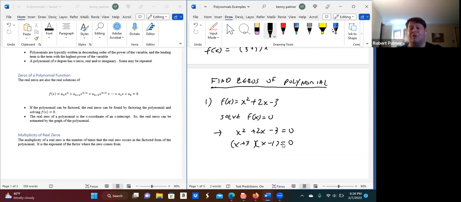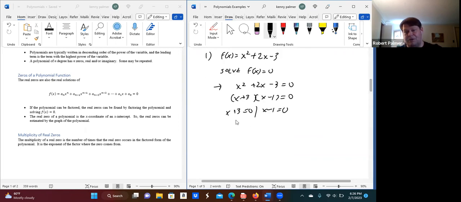Now, once it's in factored form, we can solve this by setting each non-constant factor equal to 0. So if x plus 3 is 0 and x minus 1 is 0, then if you solve each one of those, our solutions are x equals -3 and x equals 1.